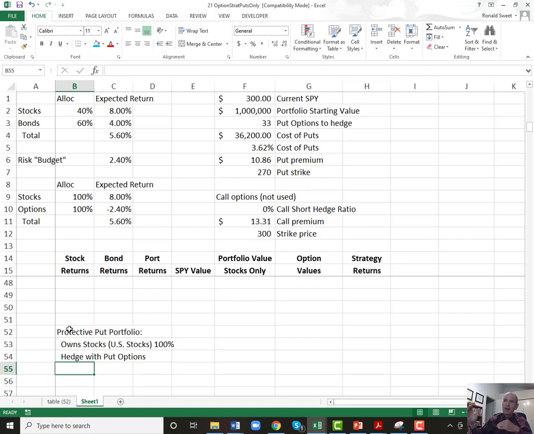So when it falls from $500 to $460, you'll lose 40 bucks. When it falls again from $460 to $400, the most you can lose is $50, because once it hits $450, you have the right to sell it for $450. So if it falls all the way down to zero, you still have the right to sell it for $450. And so your max loss is $50. That $450 is called the strike price, the price you can sell it at.